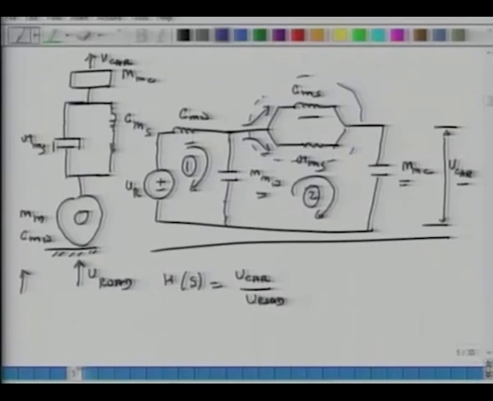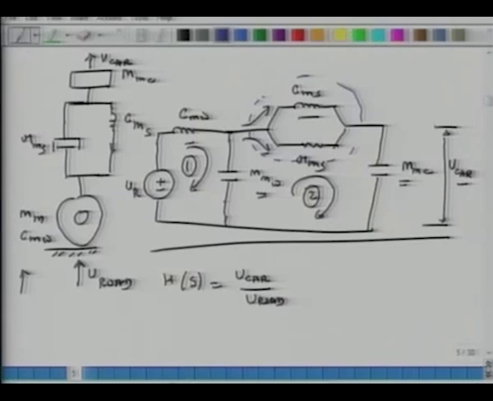Now the second breakpoint would be, so current is going in this loop, which is loop 2, and before a certain threshold, when CMS is significantly important, there will be a resonance point, because the impedances offered by CMS and MMC will be out of phase.